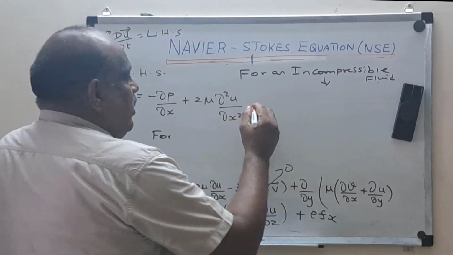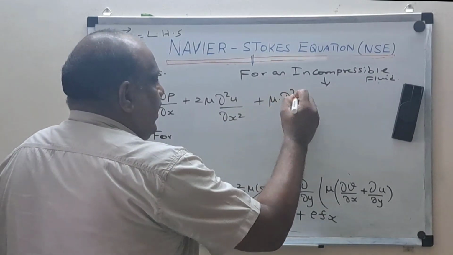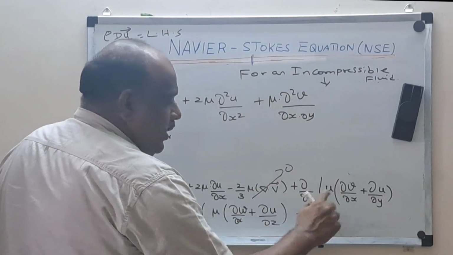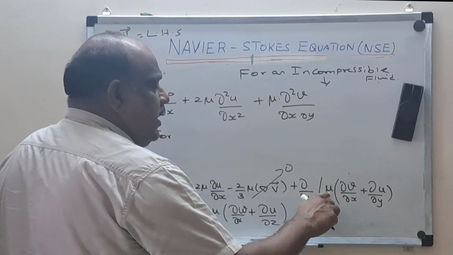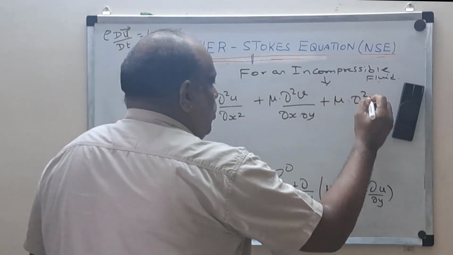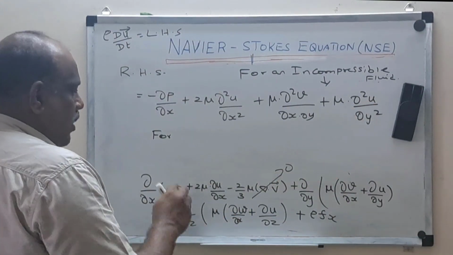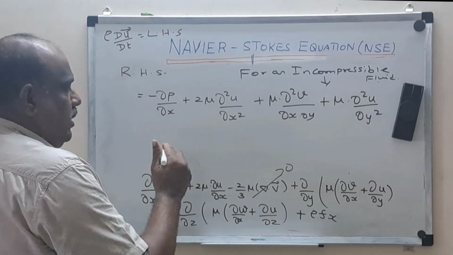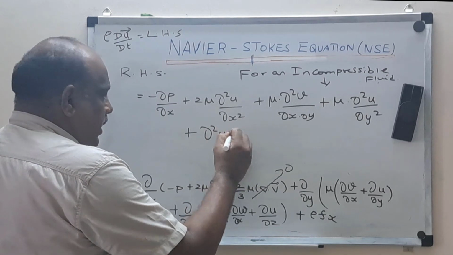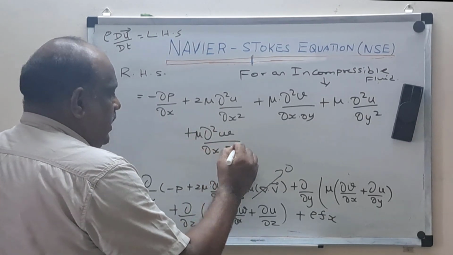That's fine. Now we will write here, this is mu into dou squared v by dou x dou y. Simply I multiply dou squared v by dou x dou y or dou y dou x into mu plus mu into dou squared u by dou y squared. Similarly, I am going to write for this term. So it will become plus mu into dou squared w by dou x dou z.